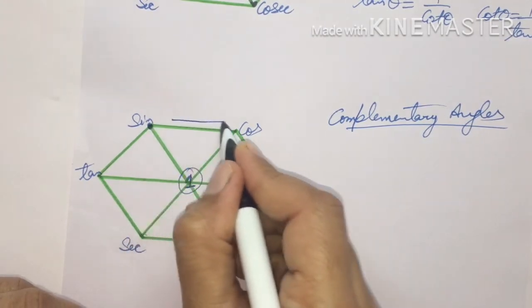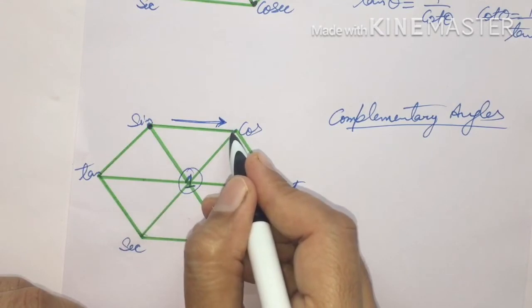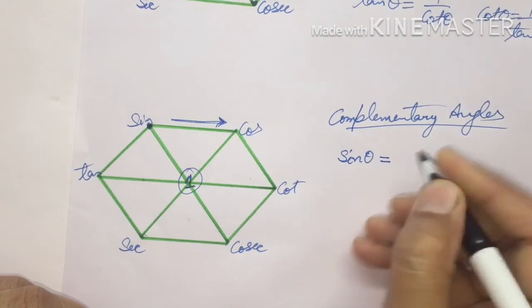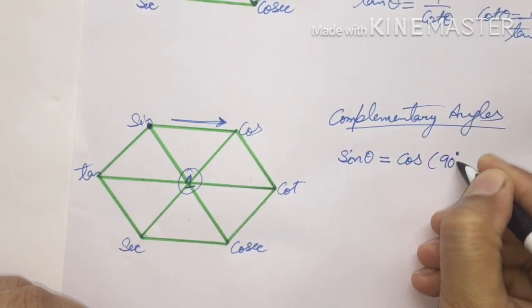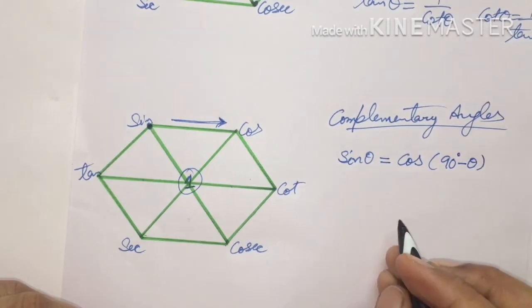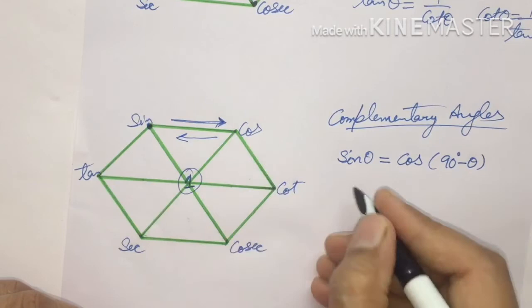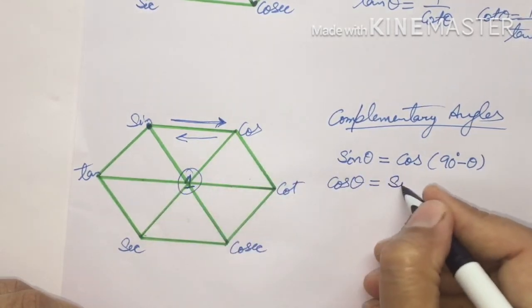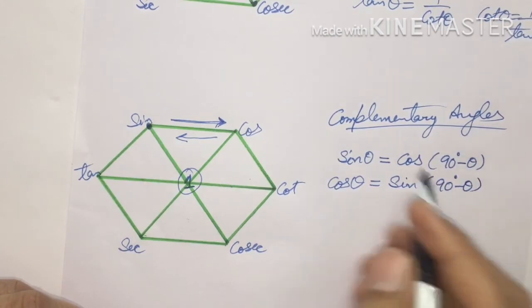If I move in this direction, I can write sine theta is equal to cos of 90 degree minus theta. And in the opposite direction, I can write cos theta is equal to sine of 90 degree minus theta.